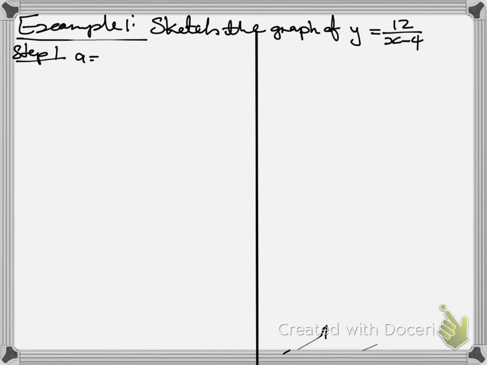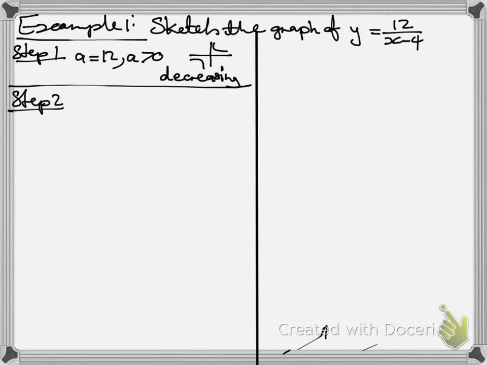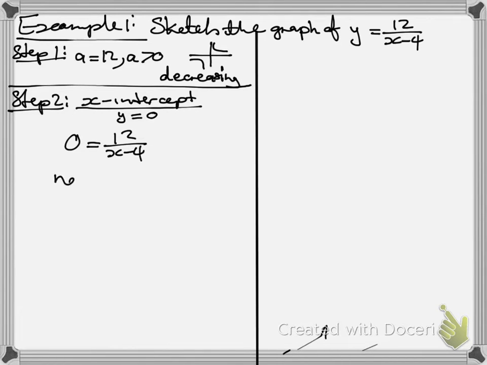So we are going to say step number 1, our a is equals to 12, so a is greater than 0, so it's a decreasing function, right? Step 2, we find the x-intercept. When we find x-intercept, remember we put y is equals to 0 and we solve for x.